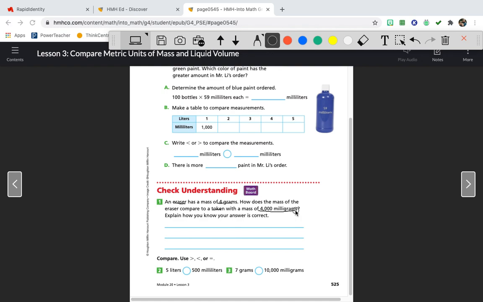First we're going to think about which one of these is the smaller unit, and that would be milligrams. You have to have 1,000 milligrams to equal 1 gram. So we can say the mass of both objects are the same.